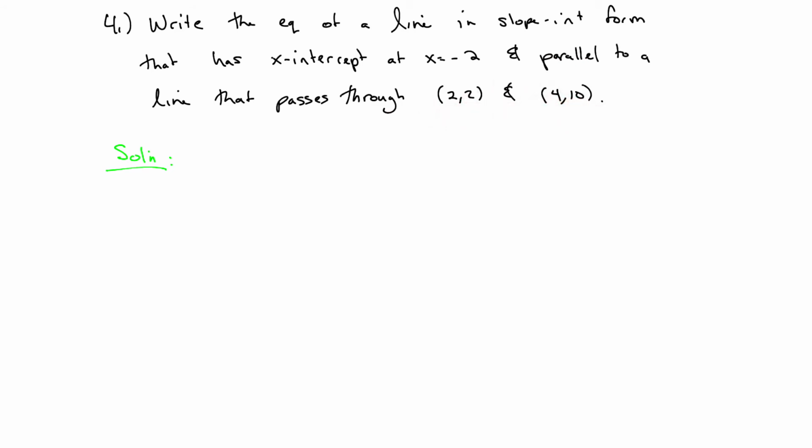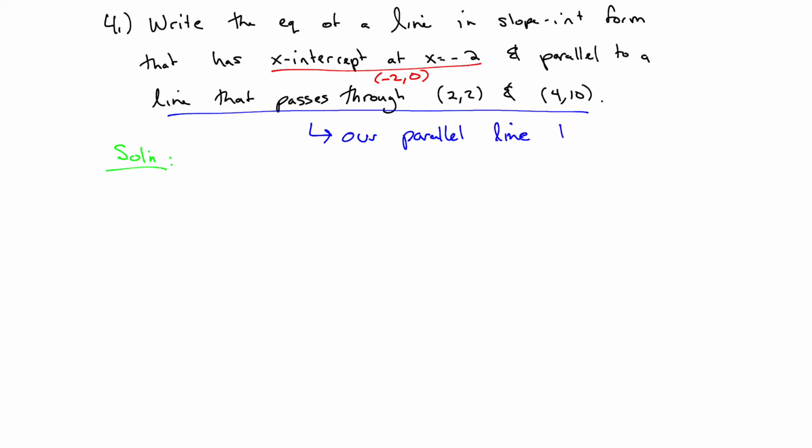If we want to write the equation of a line, we need either two points or a point and a slope. We have one point because this says we have the point (-2, 0) on our line. Then this piece tells us that our parallel line has a slope of m equals, this will be our first point, this will be our second point, so 10 minus 2, y2 minus y1 over x2 minus x1, so 4 minus 2.